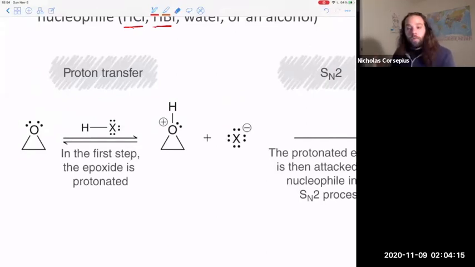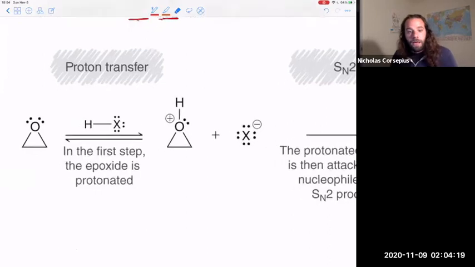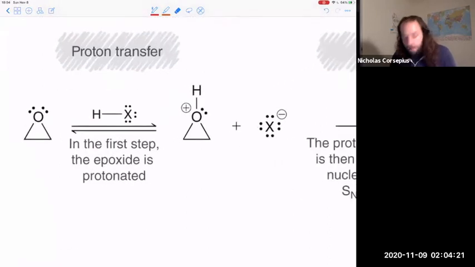So what do we think the first step is going to be in this acid-catalyzed event? Same as what we saw with ethers, the oxygen is going to play the role of a base, accepting this proton, and then that's going to break that bond there. So this is going to be a proton transfer to that oxygen in the epoxide.